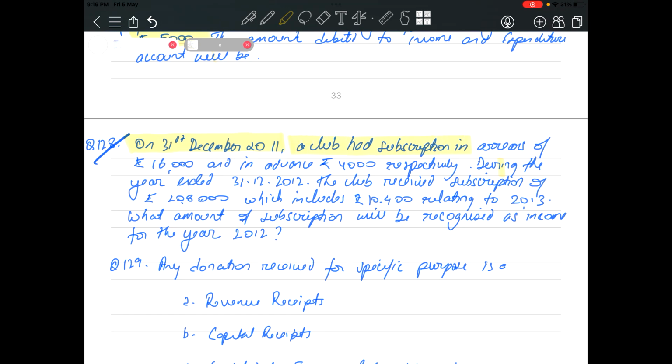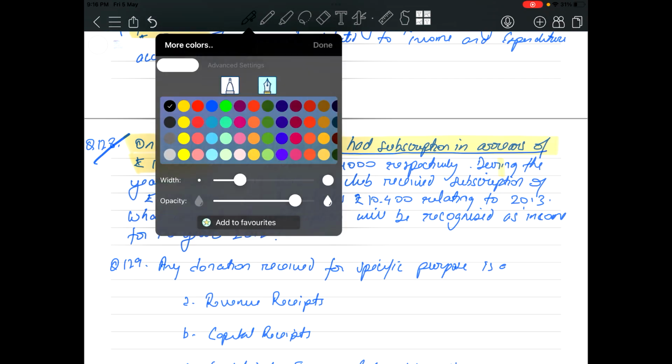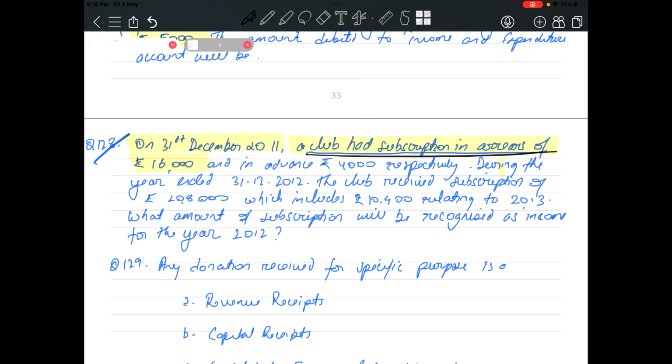A club had subscription in arrears of 16,000. What do you mean by subscription in arrears? Subscription in arrears means income to be received. Subscription is the income of the organization. Members will pay subscription every year to be members of the club. Basically, it is a membership fee.